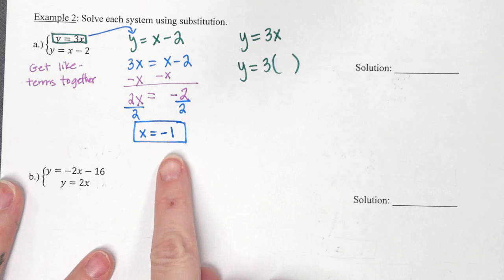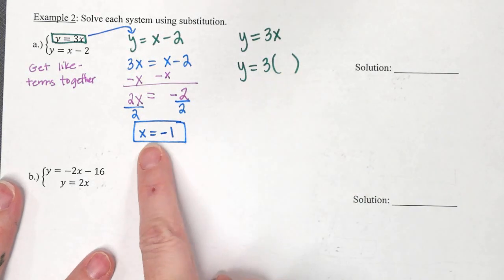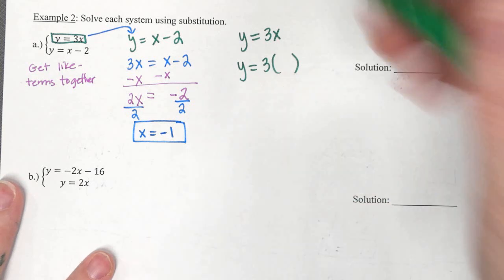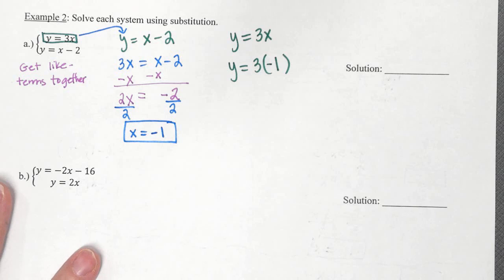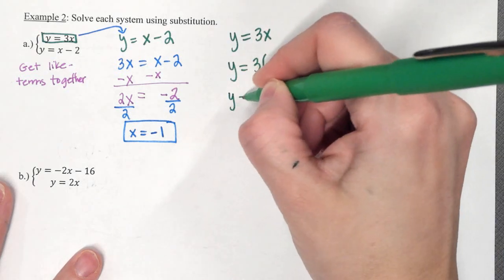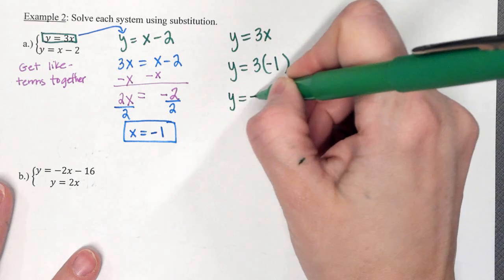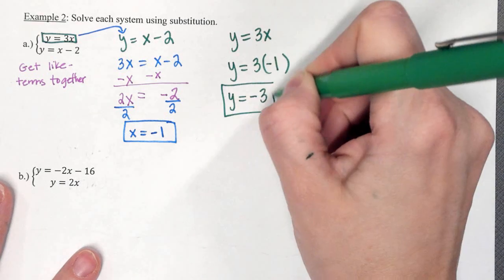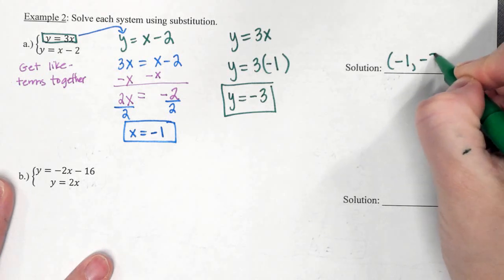So y is going to equal 3 times, we just found x was negative 1, so I just have to put this here. And then what's 3 times negative 1? Negative 3, great. Okay, so your solution is always x comma y.